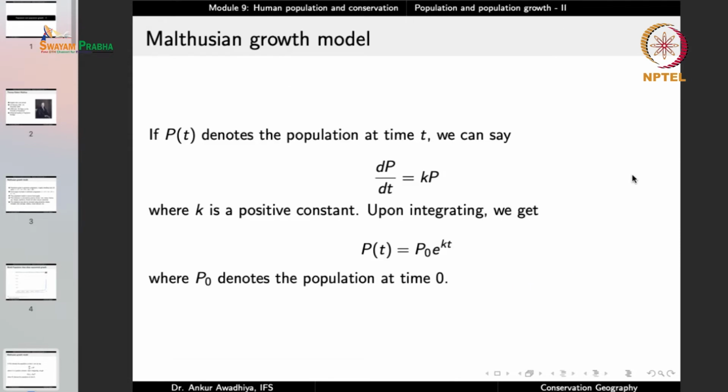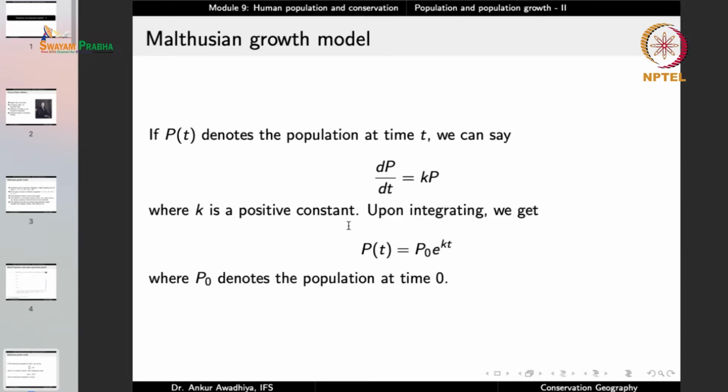And if we were to put it mathematically, if P at time t denotes the population at time t, we can say that the rate of change in population, that is dP by dt, is a constant value multiplied by the population size at that point of time, by which we are saying that the rate of increase is a constant, and this constant multiplied by the size of the population will give you the actual increase in the population size per unit of time.